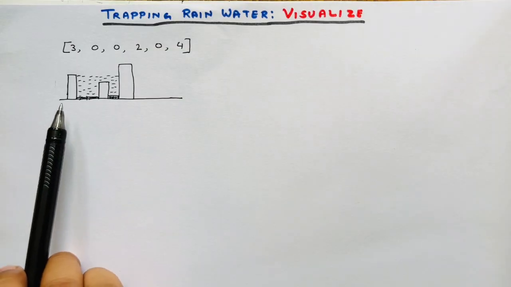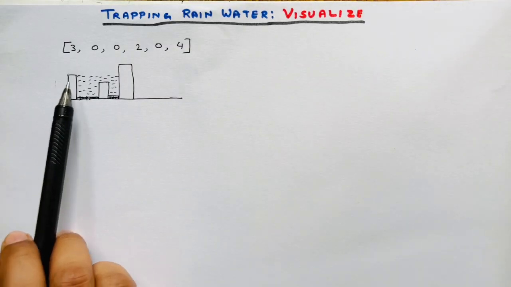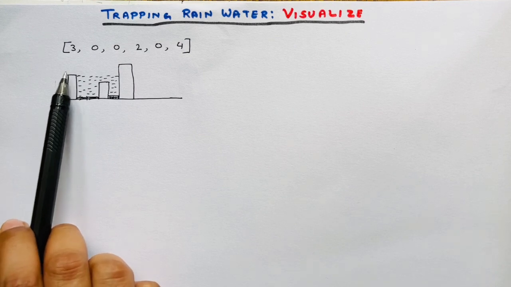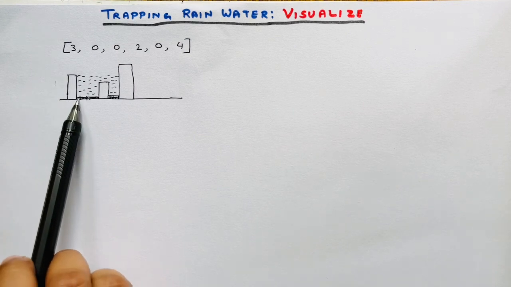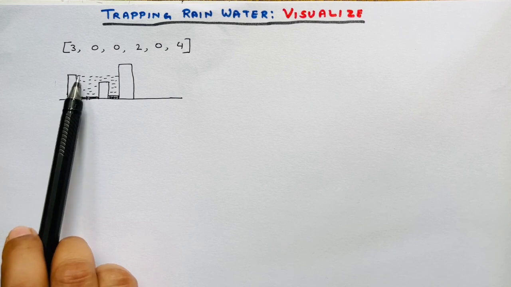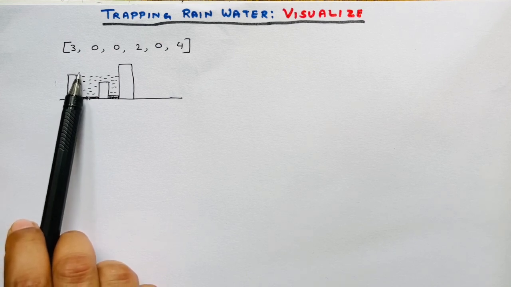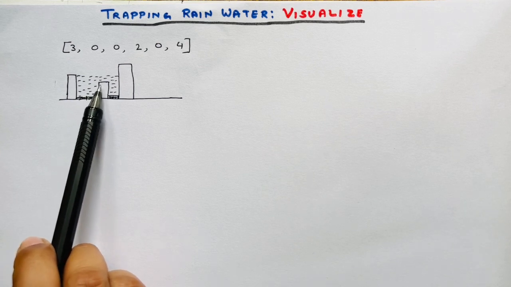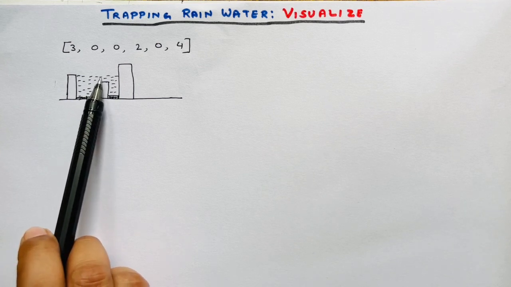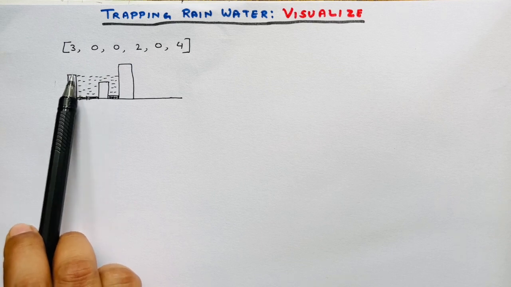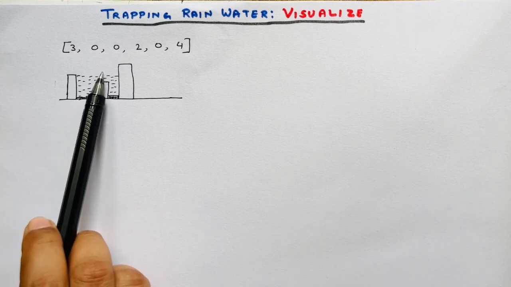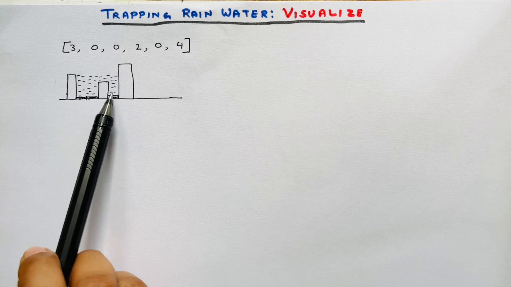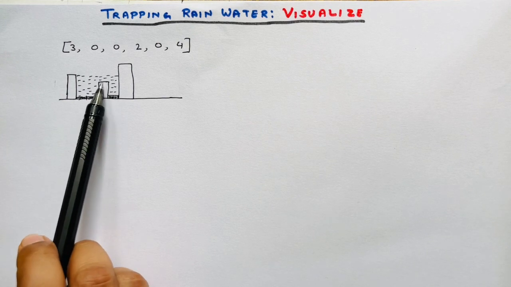The first block will not be able to hold any water because water over it will overflow down. Then the second block will be able to hold water only till this height because anything above that will overflow. Similarly for this block, it can also hold some water which is up to this height and not beyond this because that will overflow. And similarly for this block too, right?